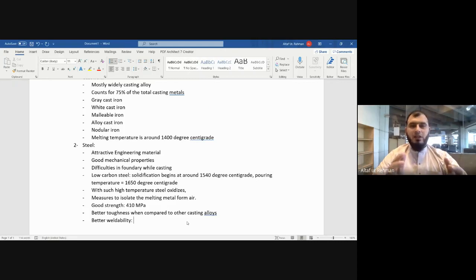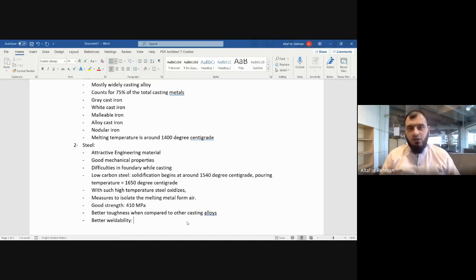And another point is the isotropic behavior of steel when we cast it. It means that the strength of the steel is constant in all directions.